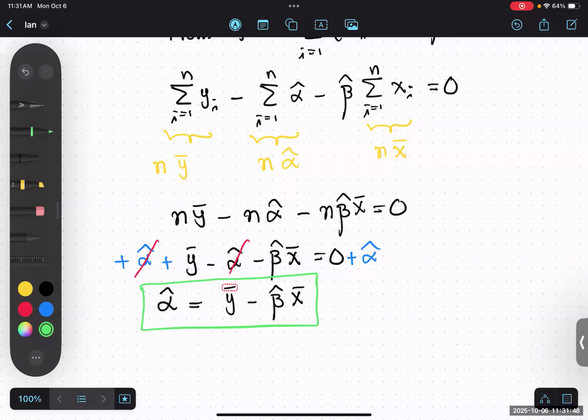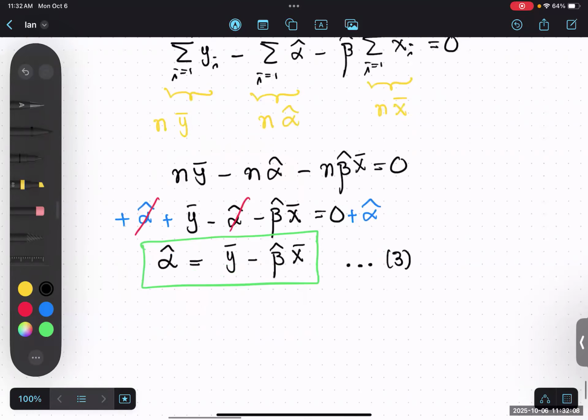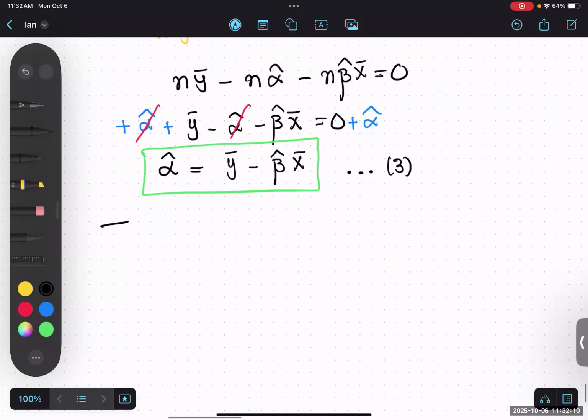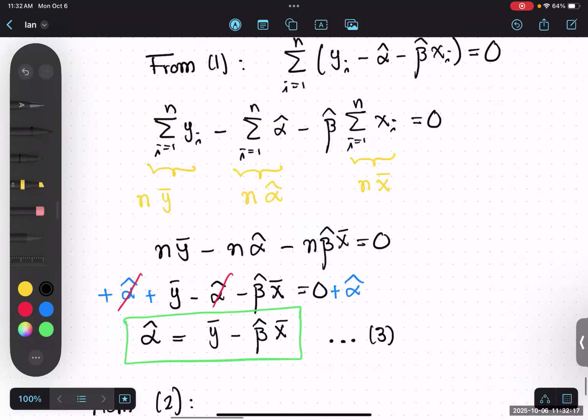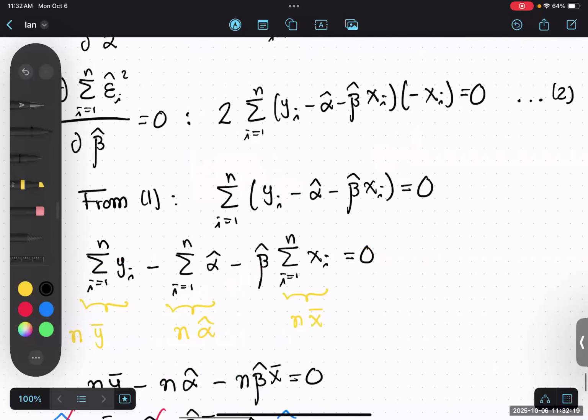Of course, we're not done yet. This is just part of the answer. Now we would like to work with my second equation. Just to continue having a good order, let me call this equation number 3. And now I will say, well, from my equation number 2, and let me just scroll up to show you the equation number 2.